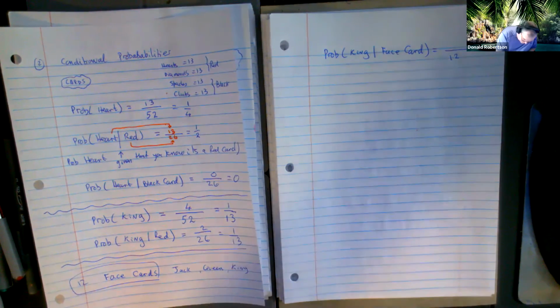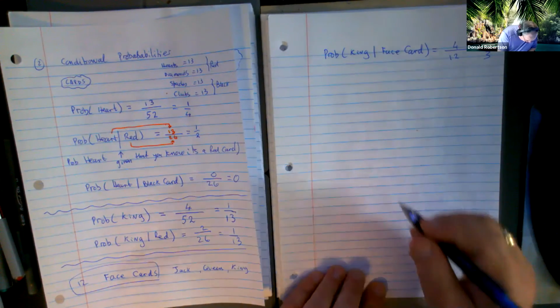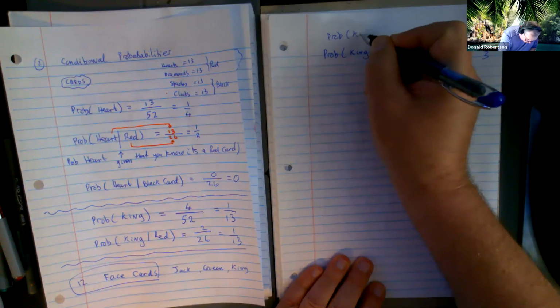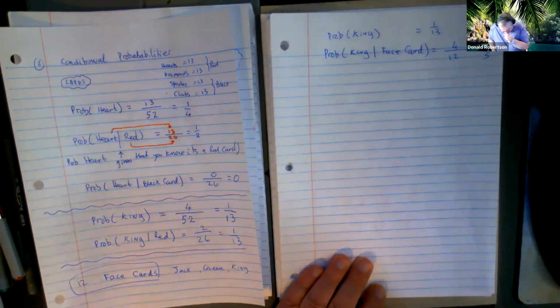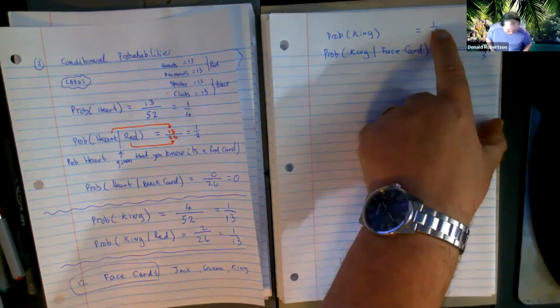Right? And that is a third. Now, if you compare that against the probability of just getting a king, which we've done earlier, can you see that if you know it's a face card, the chances of getting a king increased quite a bit, right? It's much more likely, a 1 in 3 chance.